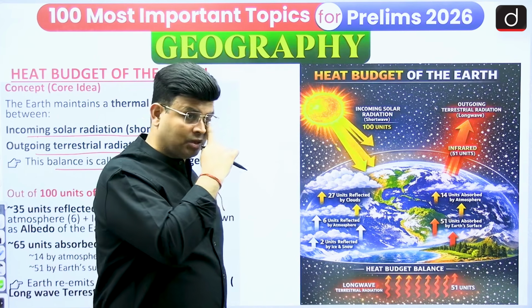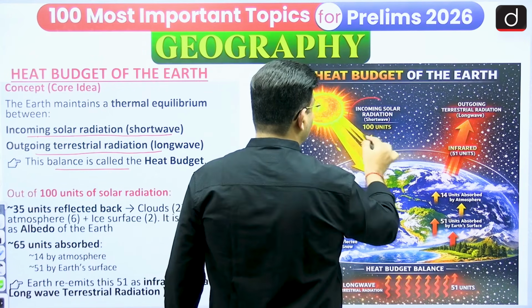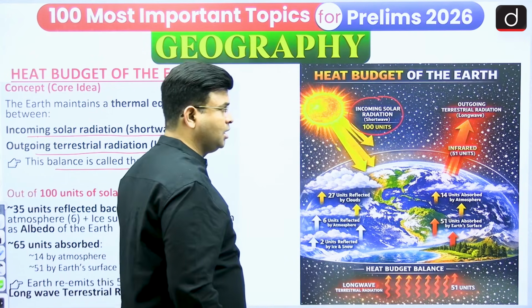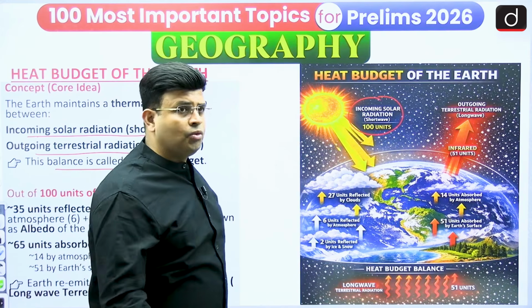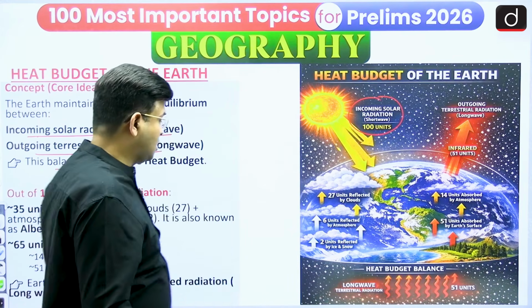So in the sun there are 100 units of incoming solar radiation, coming from the sun towards the earth's surface.